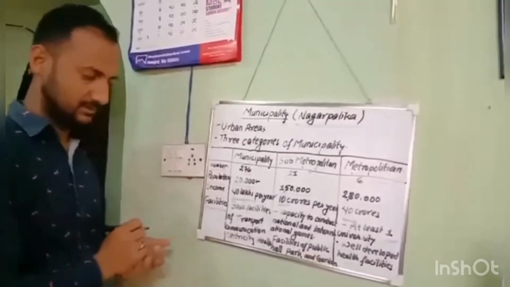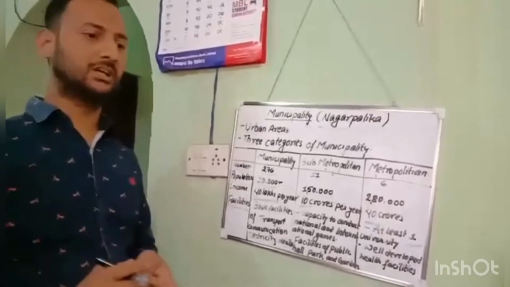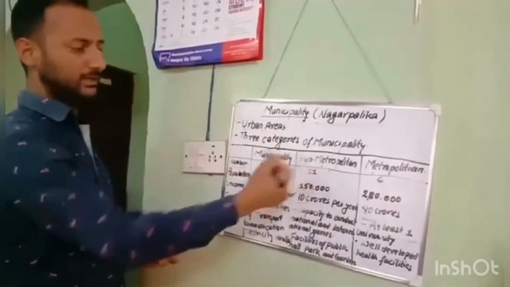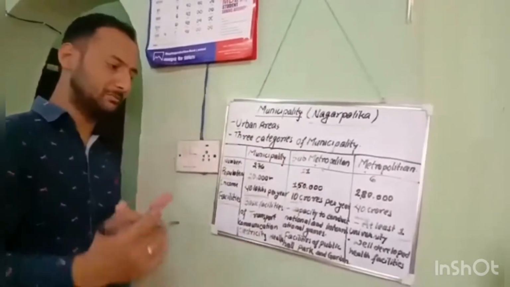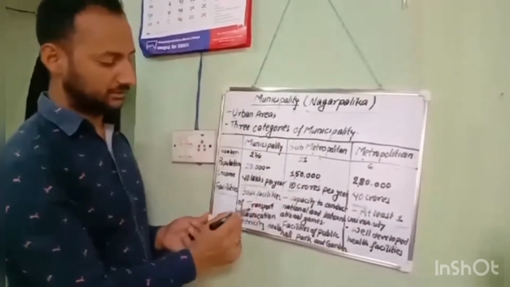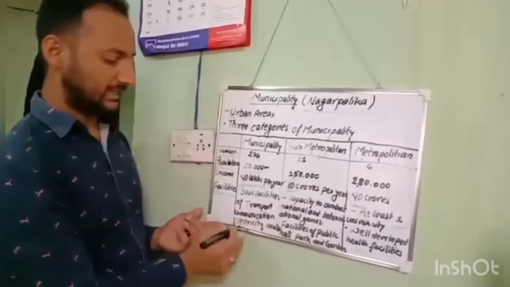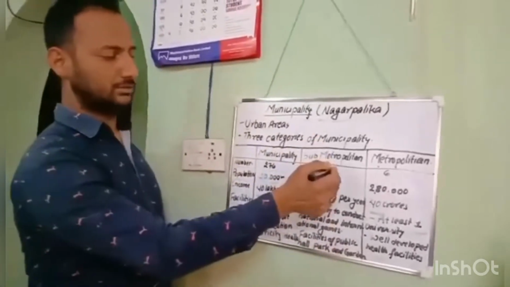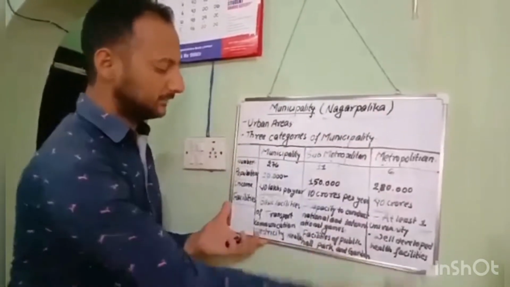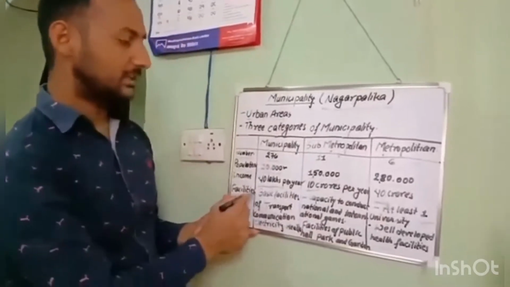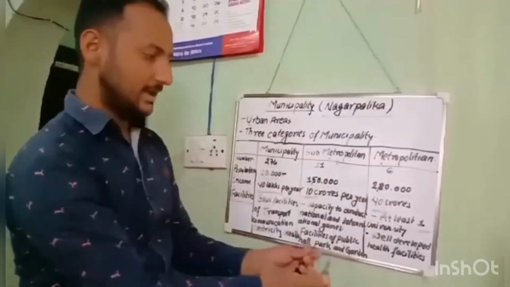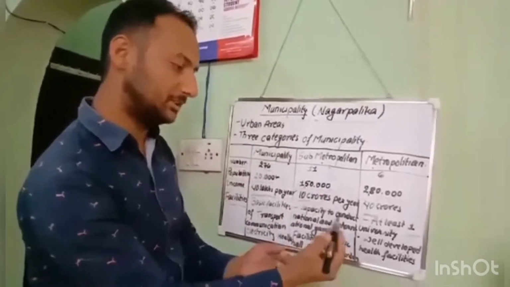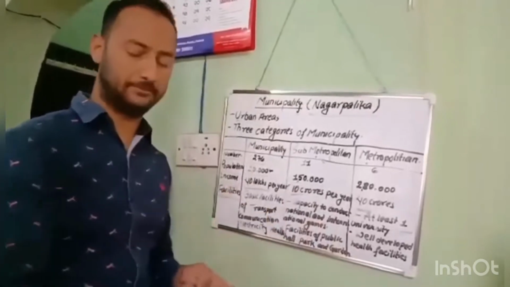Facilities also differ among the municipality, sub-metropolitan and metropolitan. In the municipality, there are minimum facilities like transportation, communication, electricity, health and education. The sub-metropolitan city should have the facilities of the municipality, and beside that, there should be the capacity to conduct national and international games.